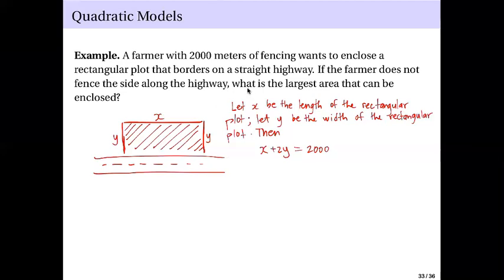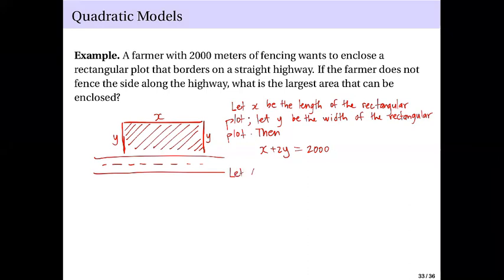So the question is, what is the largest area that can be enclosed? So this is your area, and you want to maximize this largest area here. Okay? So what we're going to do is to set up a quadratic model that will give us the area of this rectangular plot.